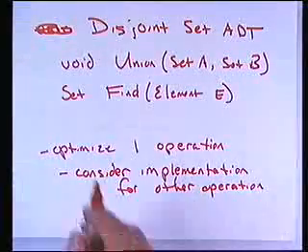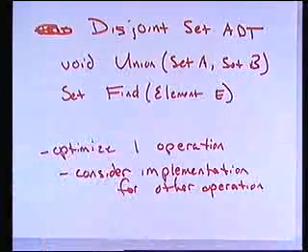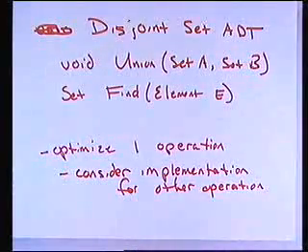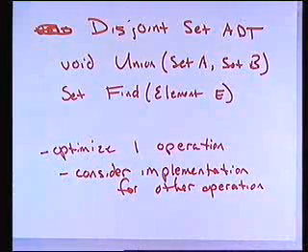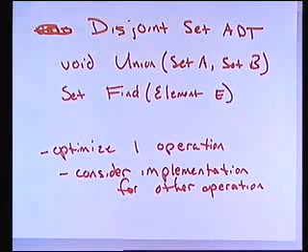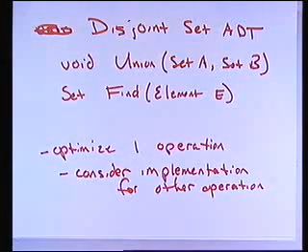Or even in general, when you're faced with a new ADT, you might pick an implementation that makes a couple of operations work very fast, and then see how that would affect how we code implementations for the other ones. So we'll start by optimizing find. Given an element, we want to be able to return the name of the set that element is in as quickly as possible. And then we'll see how union falls into that.